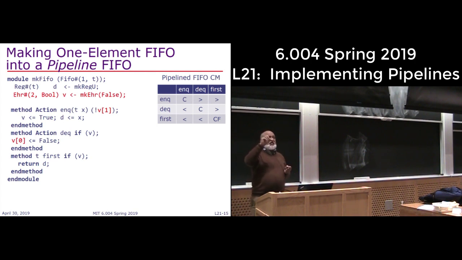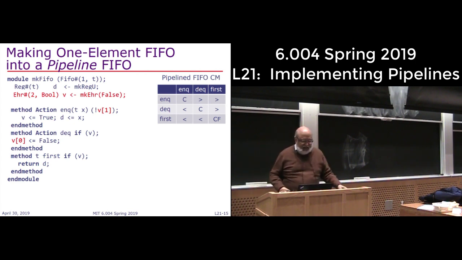NQ is reading the bypass port of this V. It's reading V1 at that point. So effectively, anytime you write here, it's going to be seen over there. And the effect will be, if this is true, then the NQ will be possible. What you are reading here is the old value of the valid bit at this point.